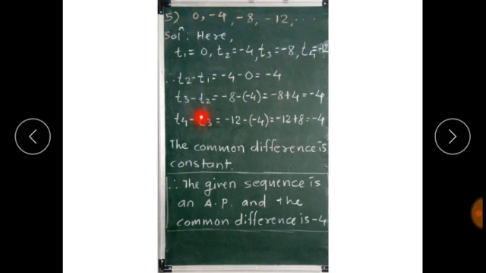T3 minus T2, minus 8 minus negative 4. Minus into minus will become plus. Therefore, it is equal to minus 8 plus 4. It gives us minus 4. Similarly, T4 minus T3, minus 12 plus 8, is minus 4. Here you will observe the common difference is minus 4 and it is constant. Therefore, the given sequence is an AP and the common difference is minus 4.